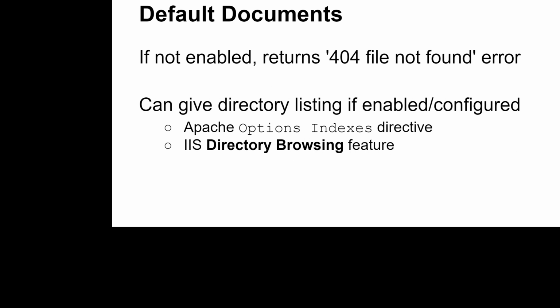If default documents are not enabled and you do have directory browsing, I mentioned this a little bit earlier, then when someone requests a generic URL and default documents are disabled, the web server will return the listing of all the files and directories that are inside the generic URL that was requested. Now, this can be a security issue, so be careful with what types of files you put into that directory.